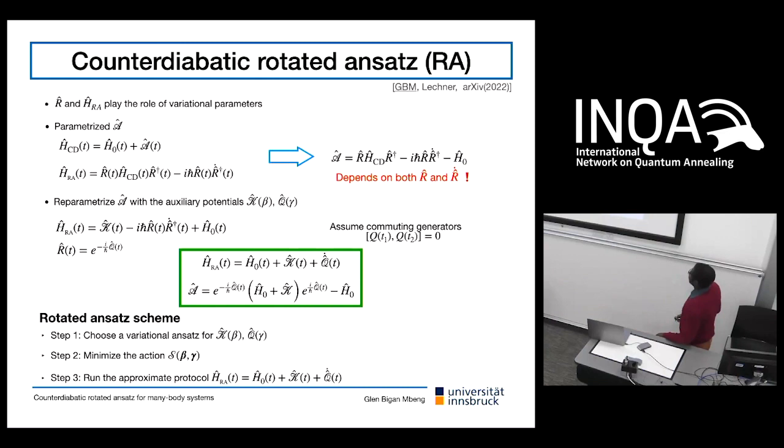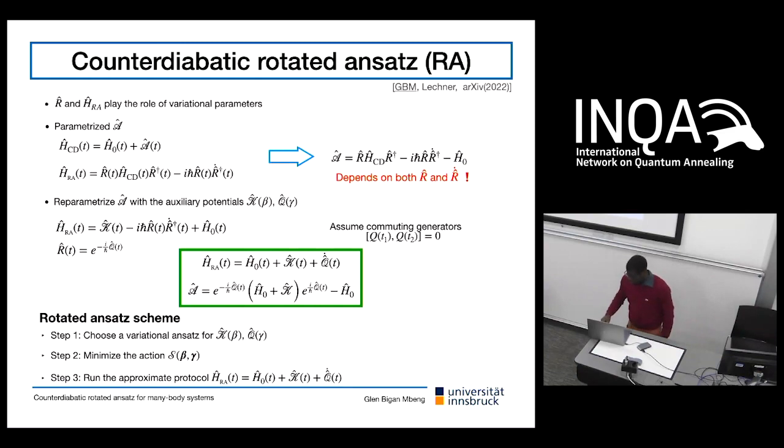Let me go step by step. It's better if we first select our ansatz, which should contain only the operators which are allowed in the experiment, for example. Then we plug them inside A, and then we plug A into S, and then we can minimize S with respect to the variational parameters of the operators. And finally, we run the algorithm or the protocol with the H_R that we define here.